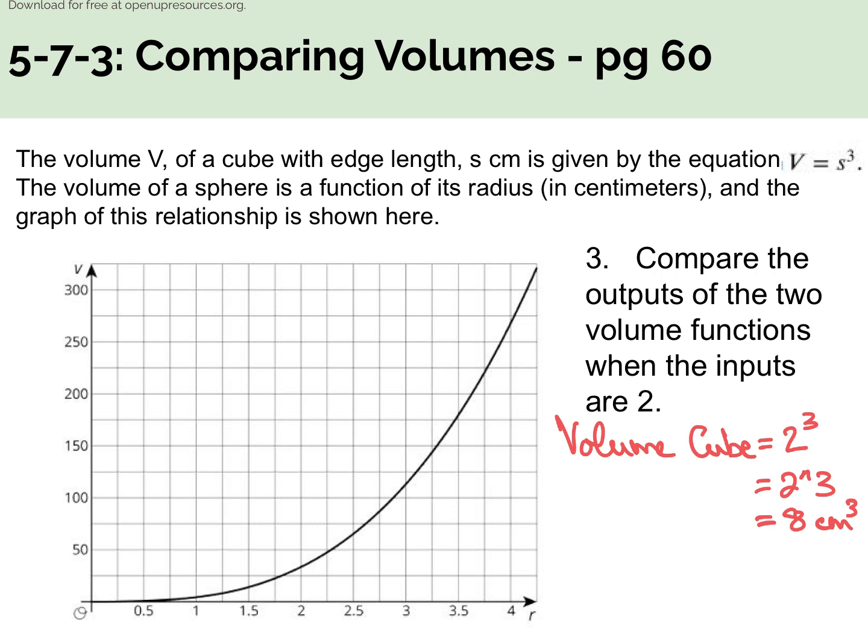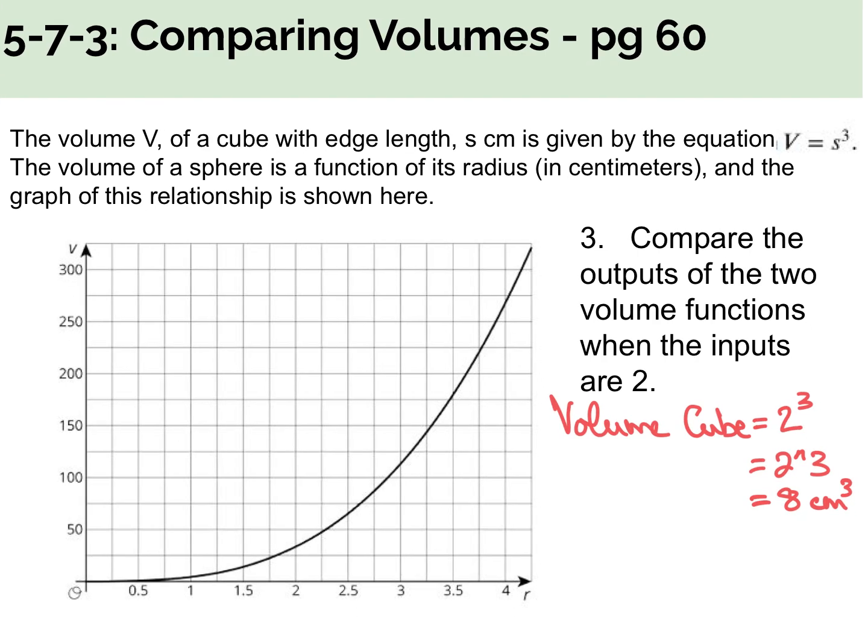Remember, the graph is the volume of the sphere. So if our input is 2, what is our output? That's in between 25 and 50, kind of in between there, right? So what would that be?